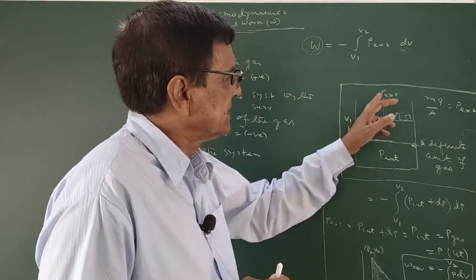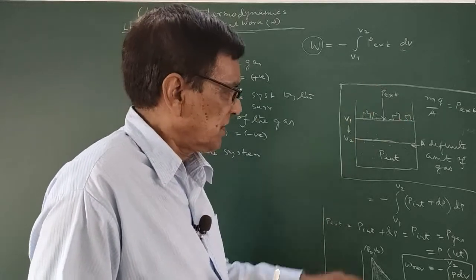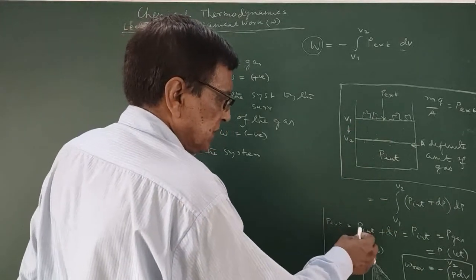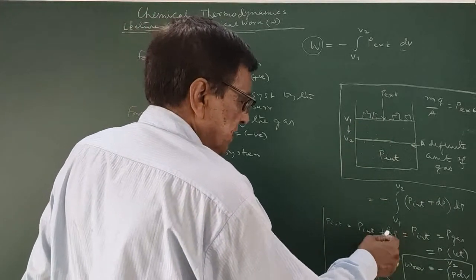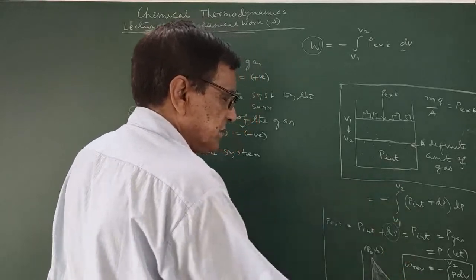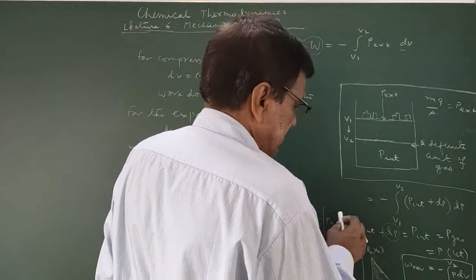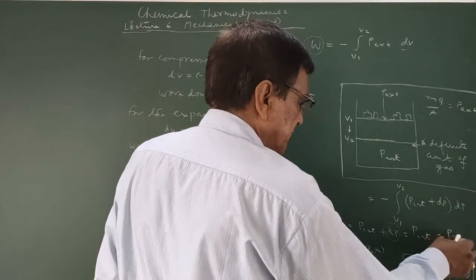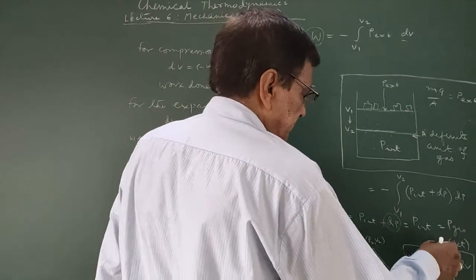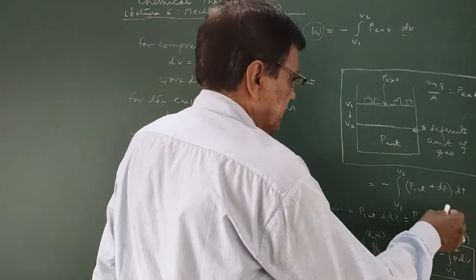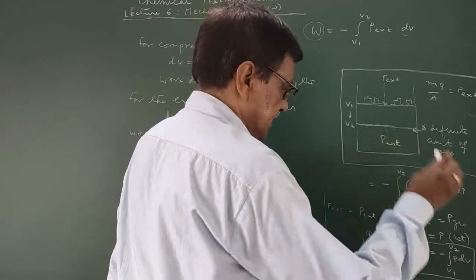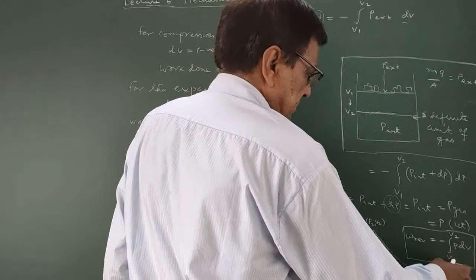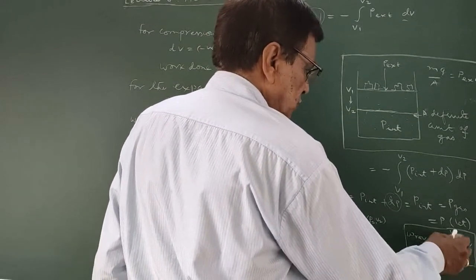In that case, the external pressure becomes P internal plus dP, but dP tends to 0 for this reversible process, so this P external then becomes P internal, meaning the pressure of this gas, let it be denoted by P, the pressure of this gas inside this cylinder. So reversible work in this case is defined as minus integration from V1 to V2 of P dV.